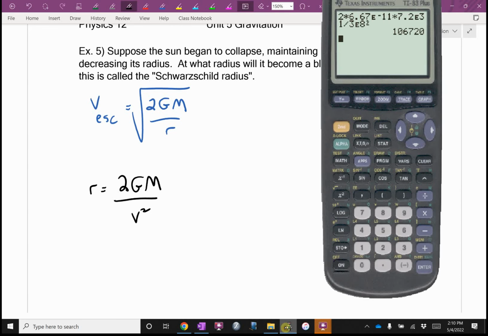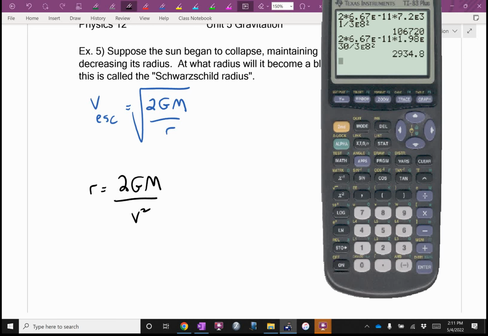If I just backspace and edit on my calculator, I think I can just replace the mass of the black hole with 5.98 times 10 to the... No. So what was the mass of the sun? I'm sorry, I'm doing the mass of the Earth. What was the mass of the sun? 1.98 times 10 to the... That should work.